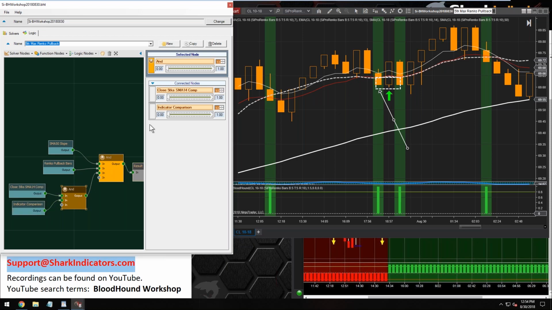And like this AND node here, I could name this as the 5-tick. This is the 5-tick pullback bar there. There we go.